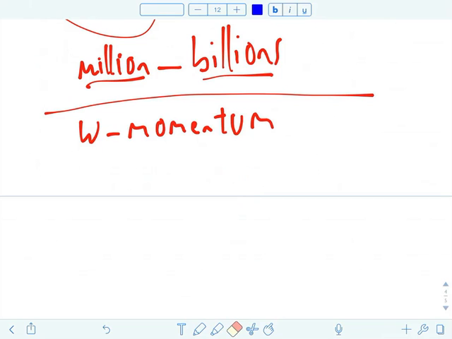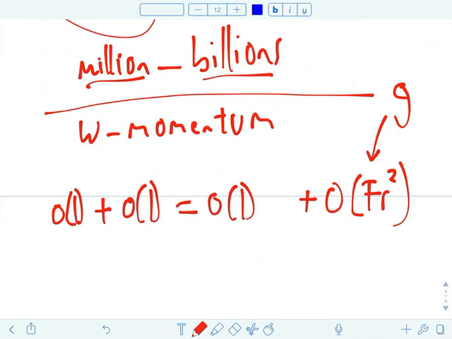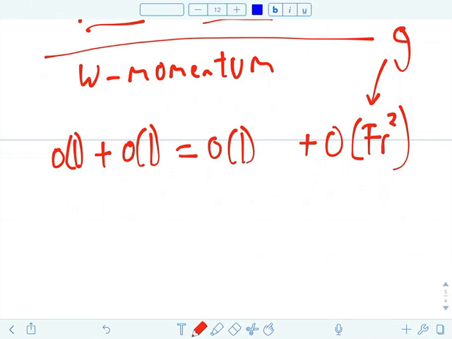If we went through the process with the W equation, we would end up with order one terms, the advection, the acceleration, pressure gradient, and we would get an additional term here, which is going to be of order Froude number squared, and I'll define that in a second. This is going to be the gravity term, the original gravitational term. When we non-dimensionalize that, the gravity term, the source term in the problem, turned into this. The Froude number is equal to U over root GL.